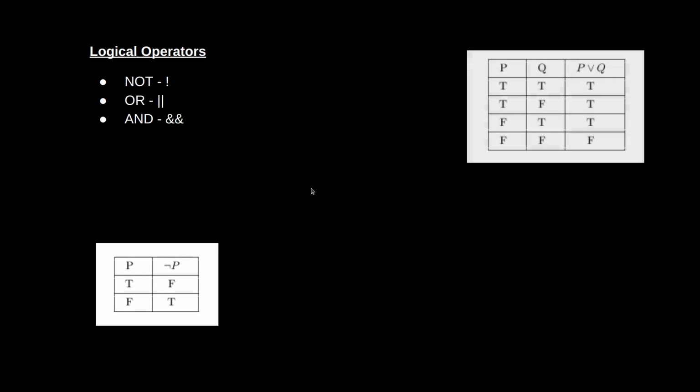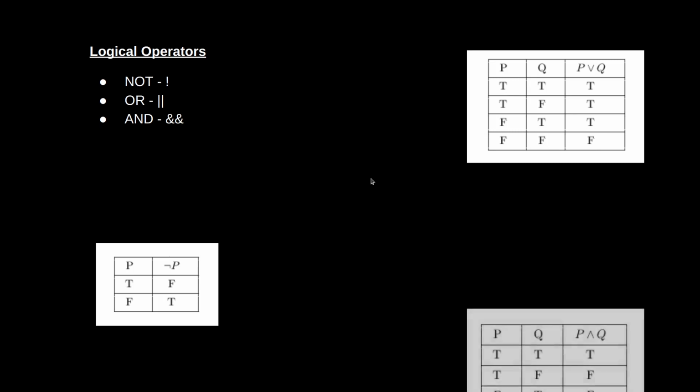But in the previous slide we saw this OR operator. Let's say there are two logical statements P and Q. If P is true and Q is true, then P OR Q is also true. If you look at this table, you can clearly understand that for P OR Q to be true, if either of the statements is true, then it is true. Here it is true, false, true, true, and it will be false only if both the statements are false.